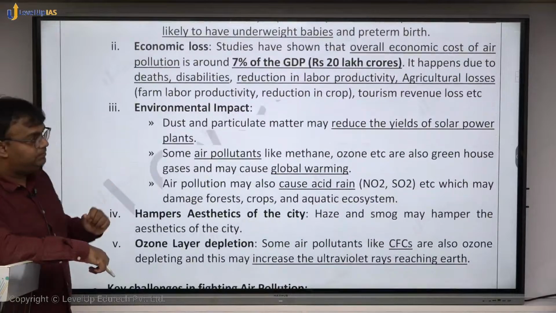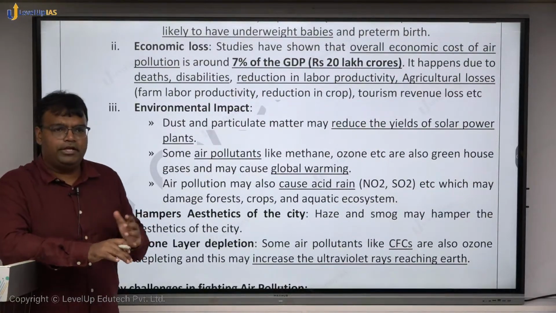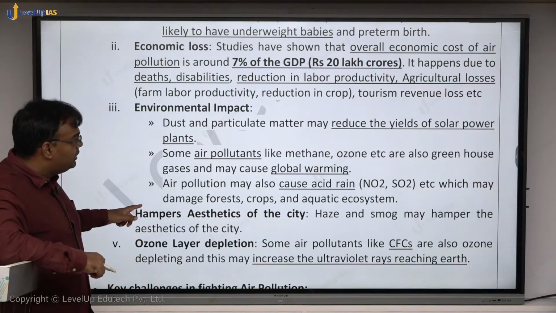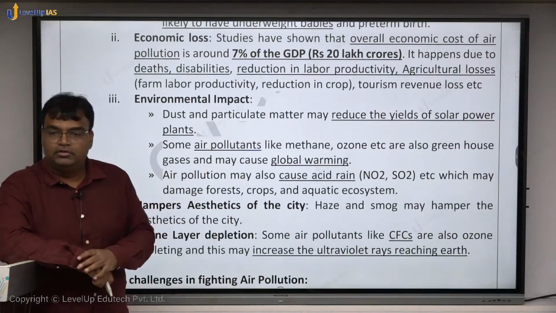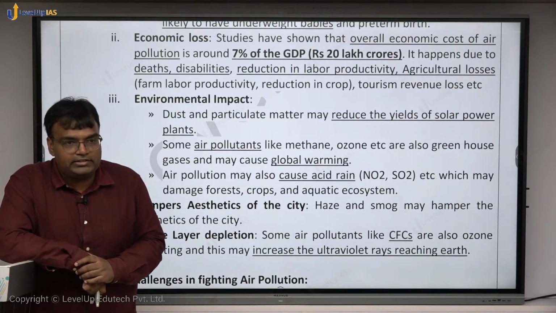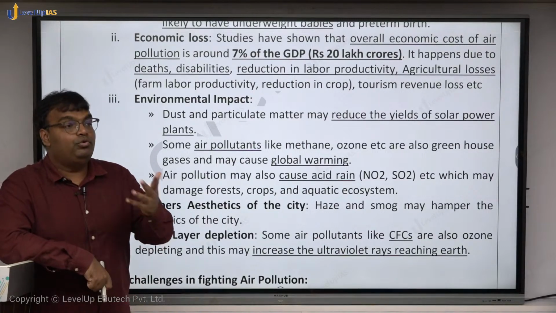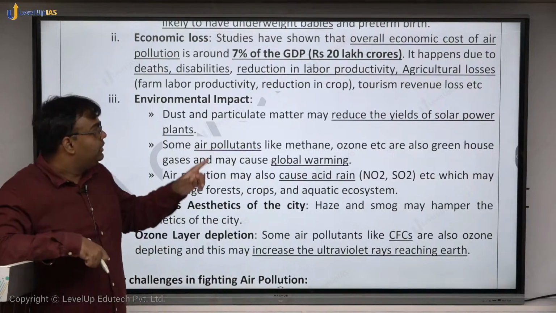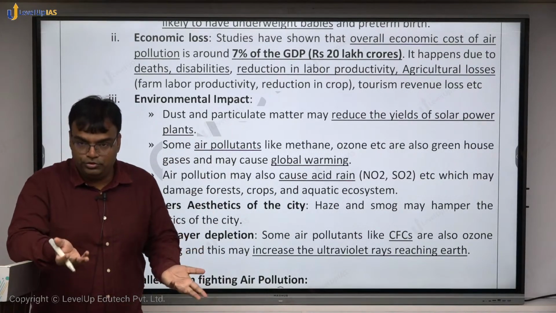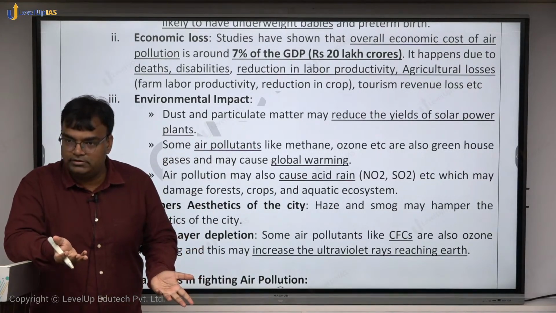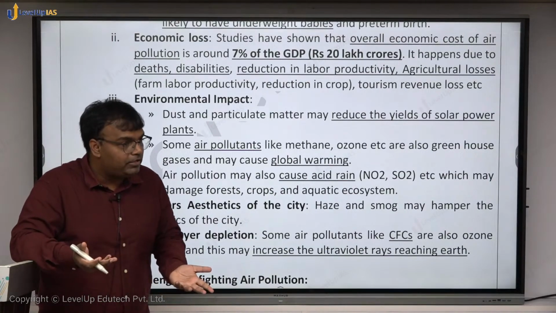Environmental impact. Ek toh dekho, some of these pollutants themselves are greenhouse gases, toh woh global warming cause kar rahe hain. Then these pollutants also, let's say, get settled on solar power panels, reducing the efficiency of solar power panels. That's also a negative environmental impact of this.